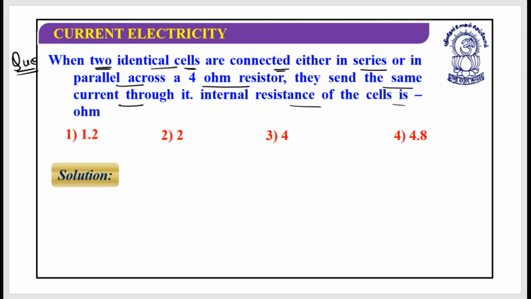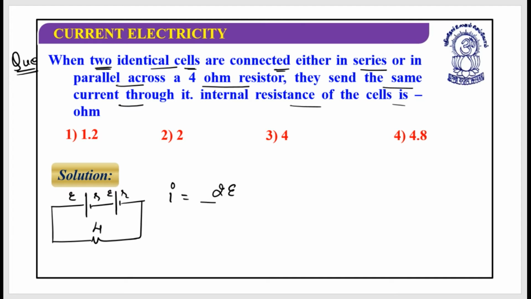The situation is something like this: E comma R, E comma R, connected in series with a resistance of 4 ohm. So in this situation current I equals 2E divided by 2R plus the external resistance, which is 4 ohm.